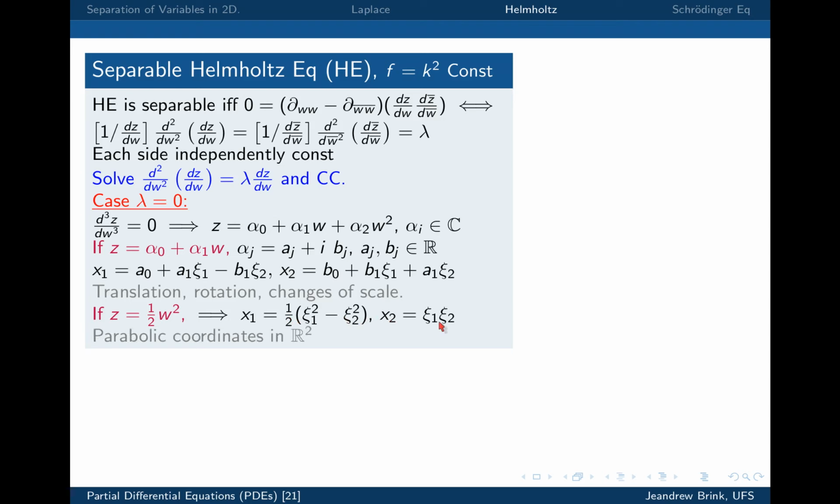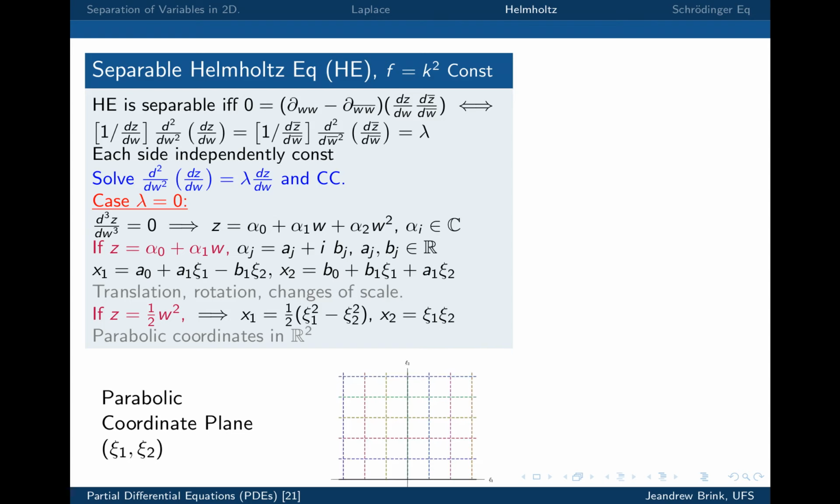So it's basically what they call parabolic coordinates. The way to think about it is you can transform your differential equation into these new xi coordinates, and then you're finding the answer on a square grid like that, because it's separable.